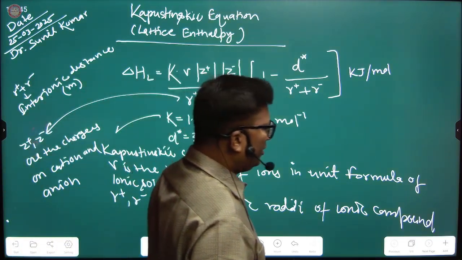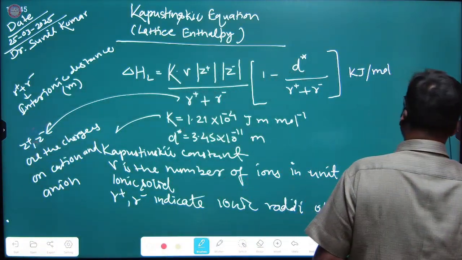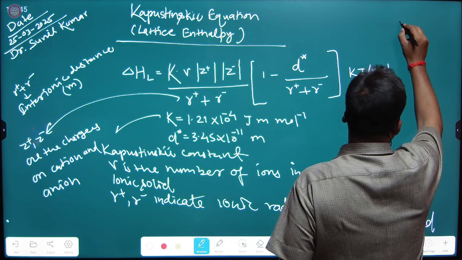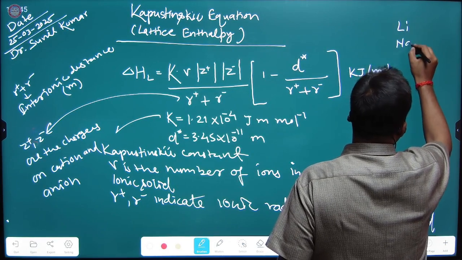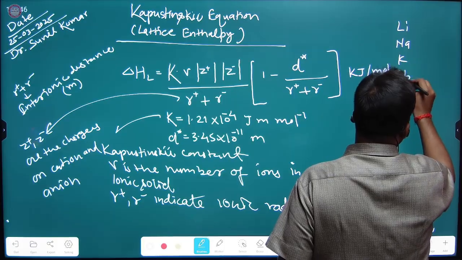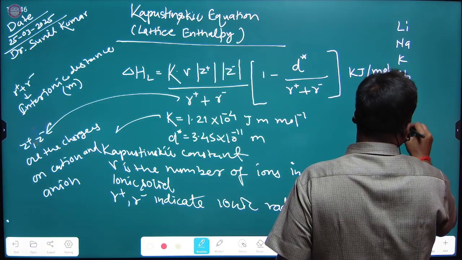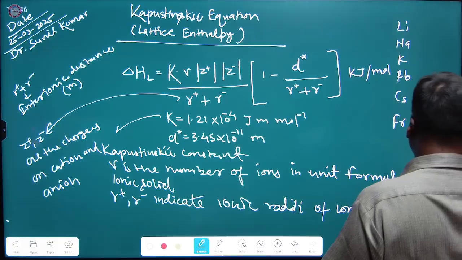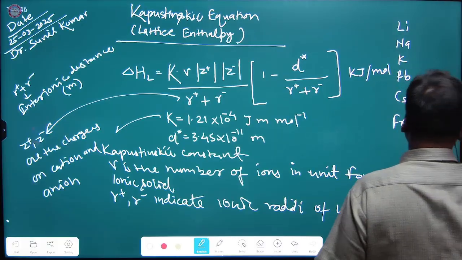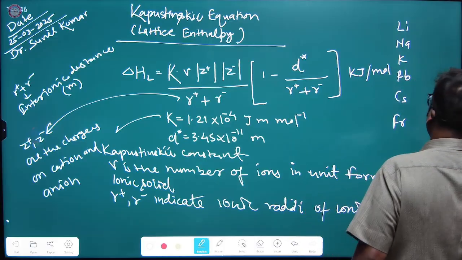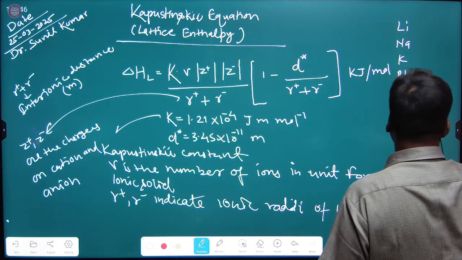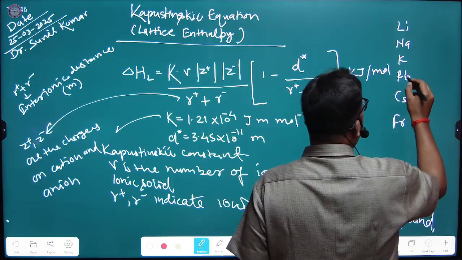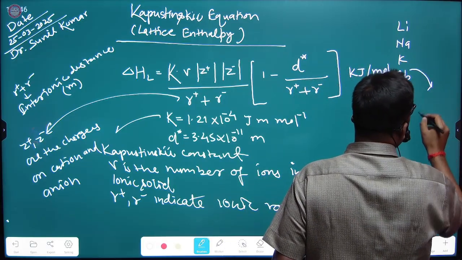As you know, all alkali metals like lithium, sodium, potassium, rubidium, cesium and francium form ionic compounds, right?